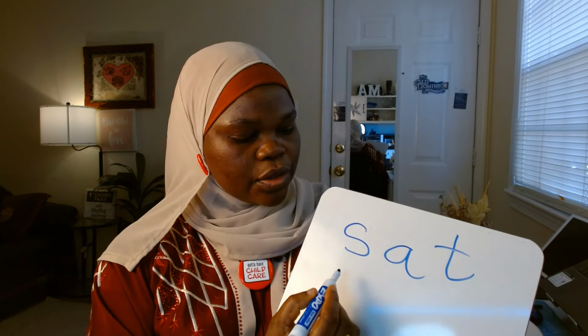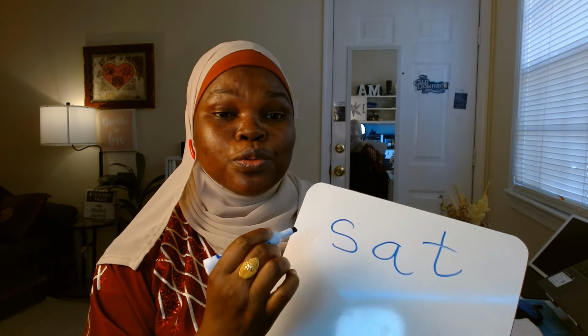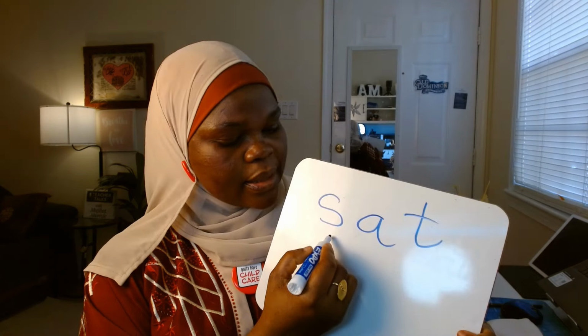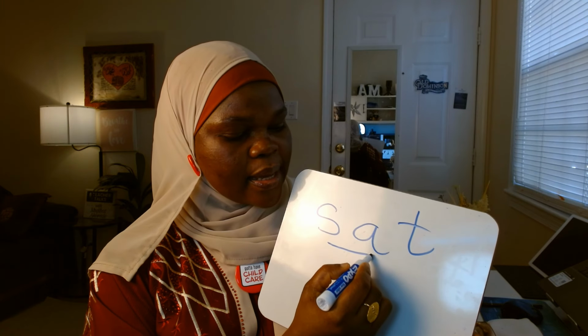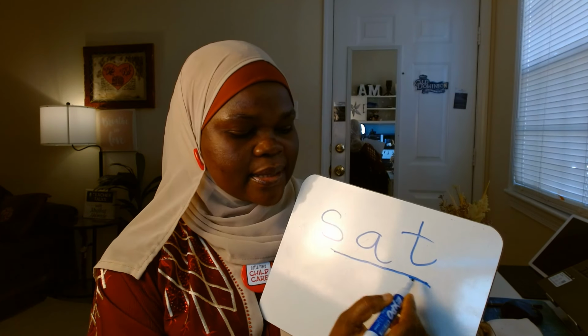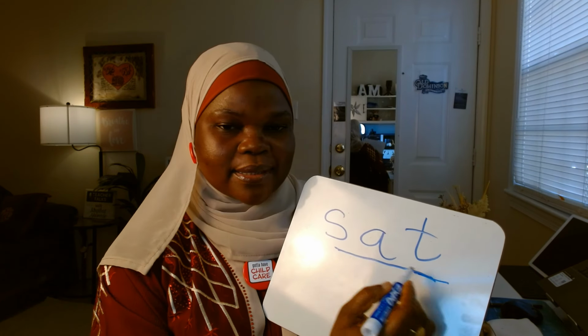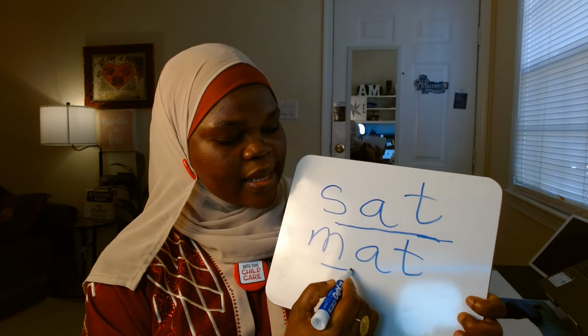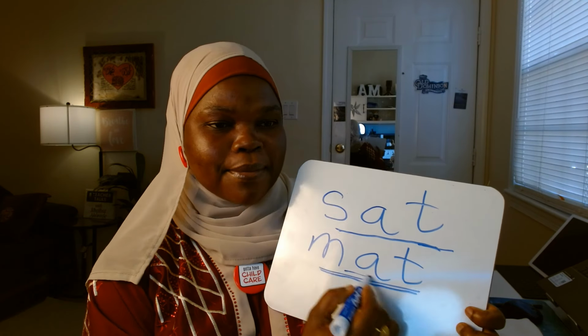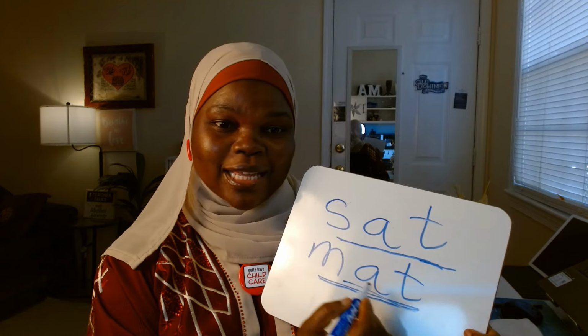Now, continuous blending. You have the word, you call it together, you will not break it, like sat, or mat, without breaking. That is continuous blending. You can use these 3 ways to teach blending.